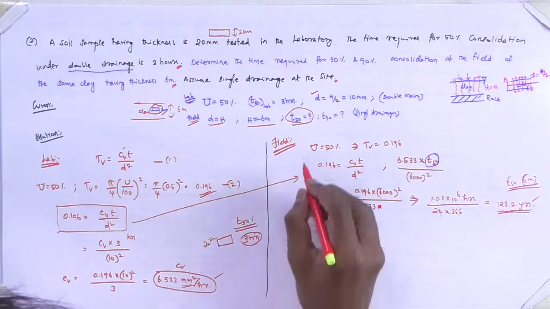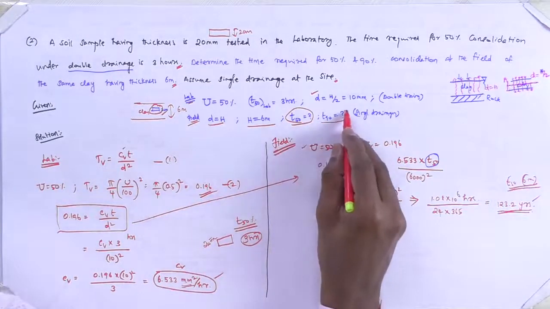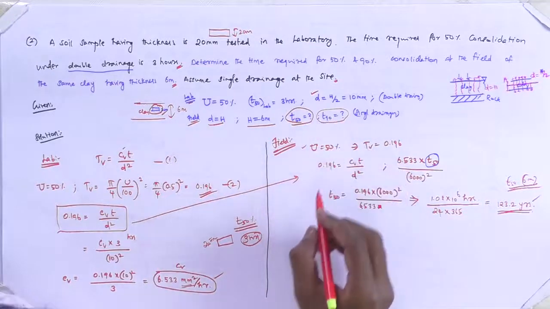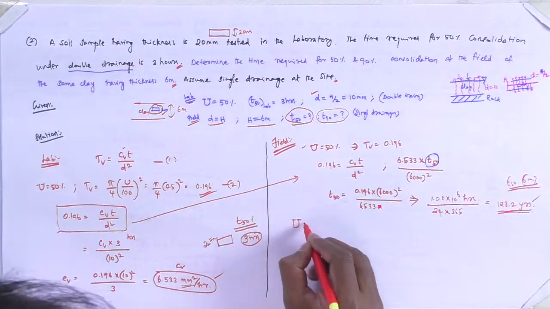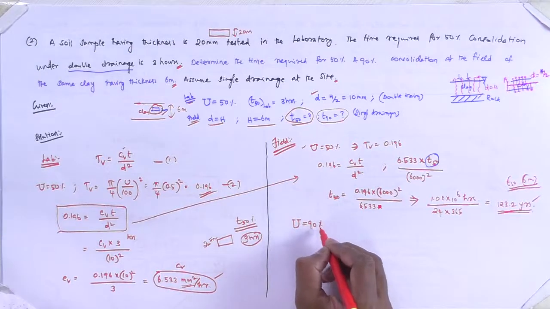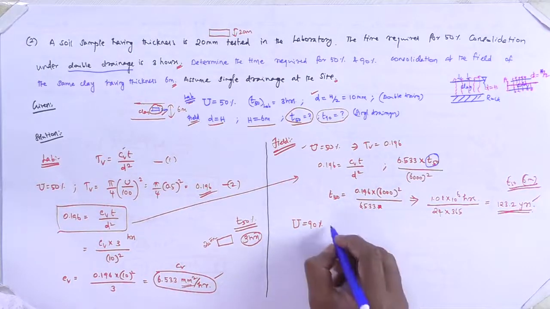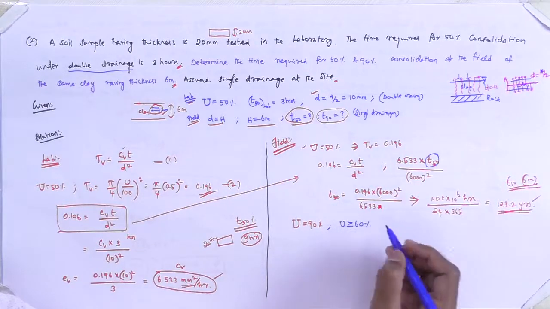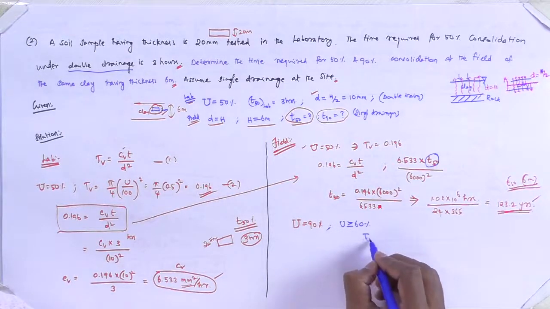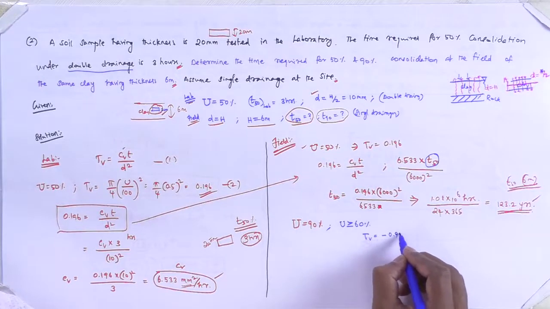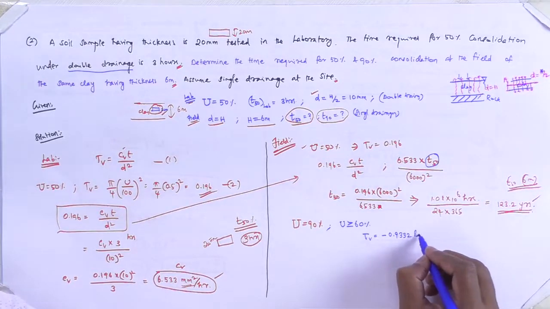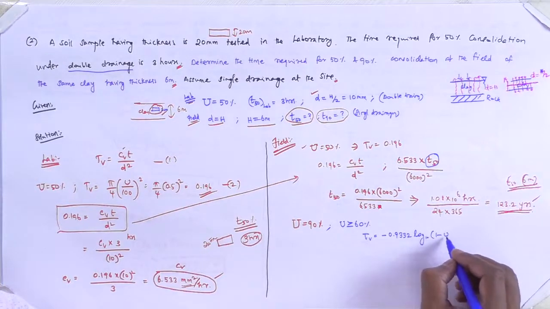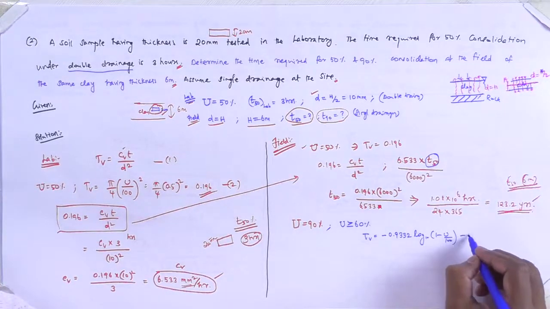So we found one case. We also want to find T90, for degree of consolidation 90%. As I told you in my previous lecture, when degree of consolidation exceeds 60%, TV is given by a different formula: TV equals minus 0.9332 log 10 of 1 minus U, minus 0.0851.